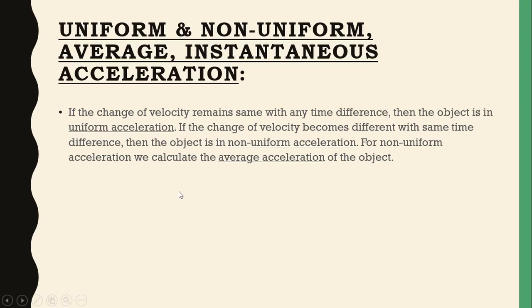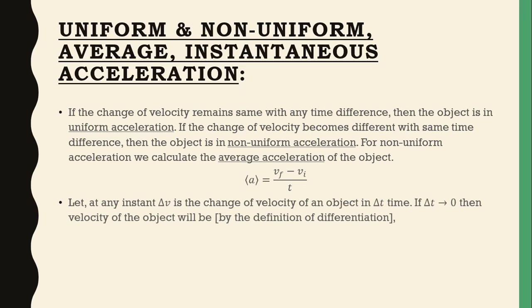For non-uniform acceleration we calculate the average acceleration of the object, that is a_avg is equal to the final velocity minus the initial velocity divided by time.